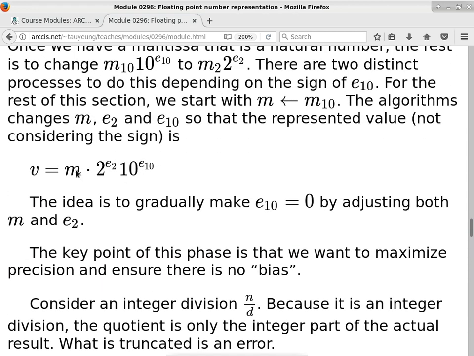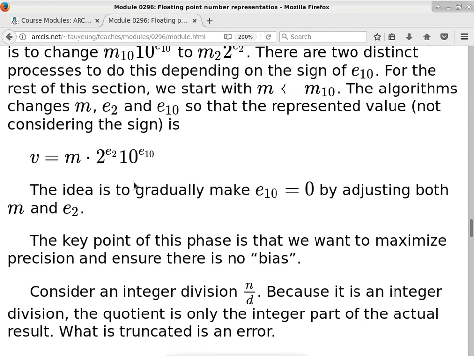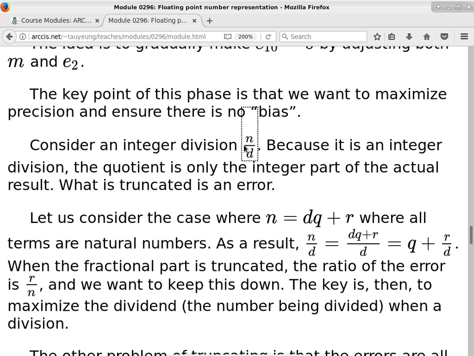When you perform this transformation, when you get rid of E10, eventually you will have to use divisions of some kind. Okay, you will have division by 2 in one case and division by 10 in the other case. But since we are only using integers to represent all of the things, mantissa 10 is an integer, unsigned, and 10 is also an integer.